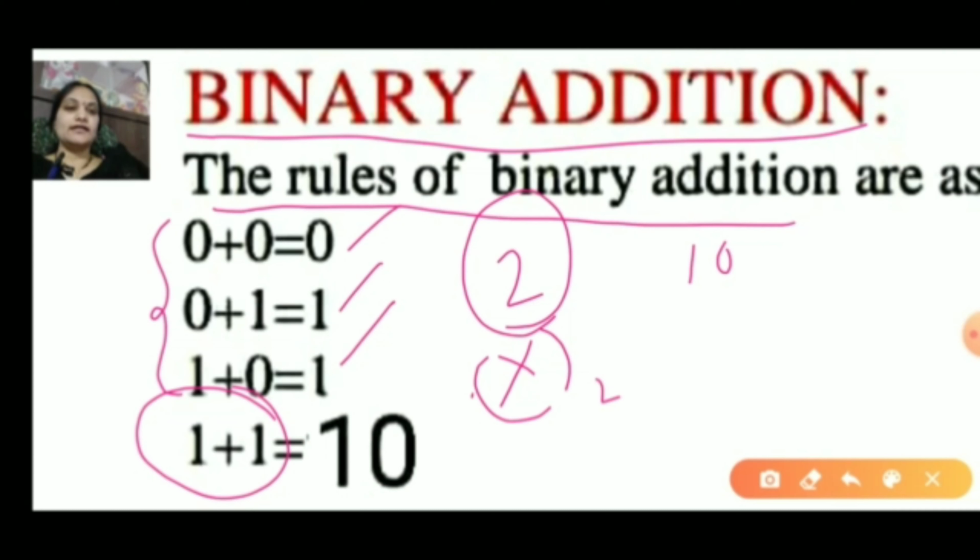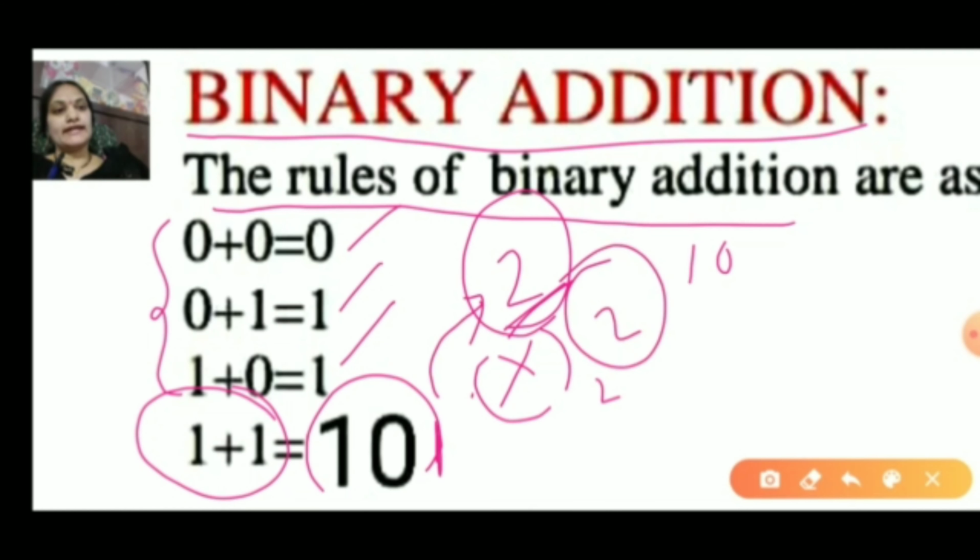The digits are 0 and 1. But 2 is not present. That is why we have to write 1 0 instead of 2. That is, 1 0 is the binary equivalent of 2. That is why instead of writing 2, we are writing its binary equivalent, that is 1 0.